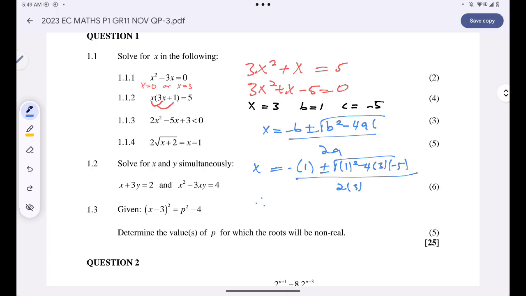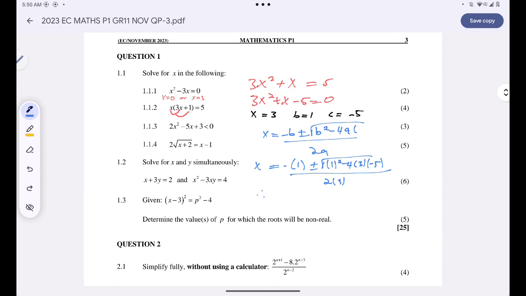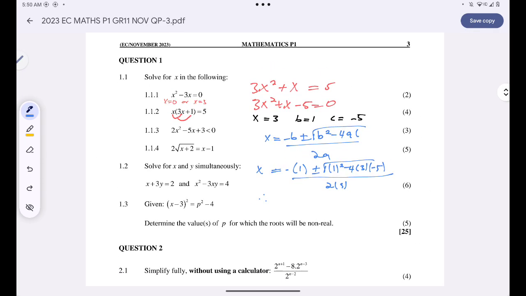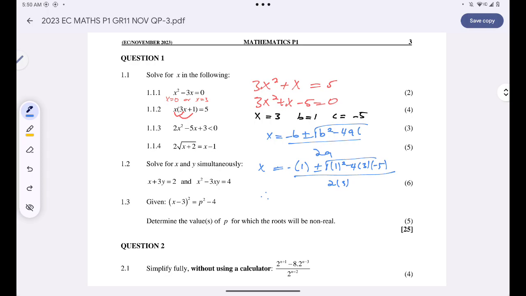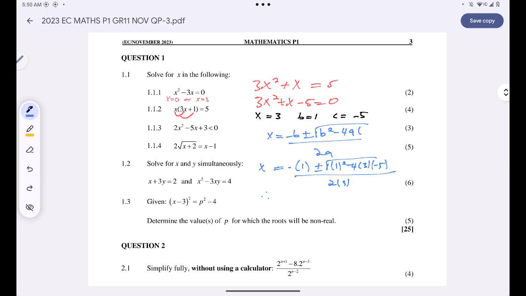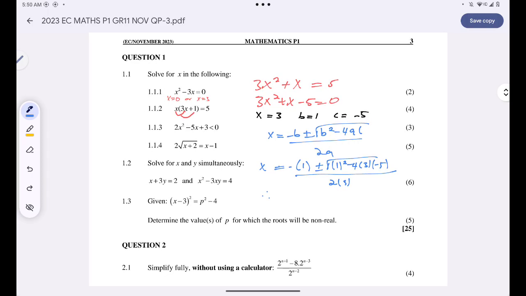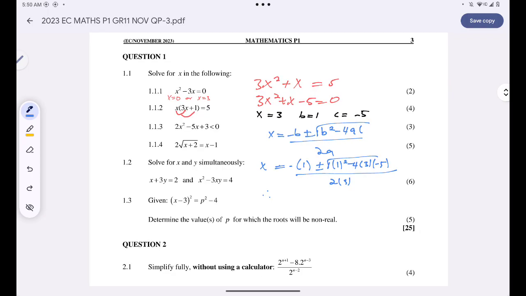Please note that you have 2 signs here. That means you are going to select one sign at a time. Okay, I'll simply have -1. For the first solution, I'm going to select plus, plus the square root of 1 squared minus 4ac all over 2 times a.